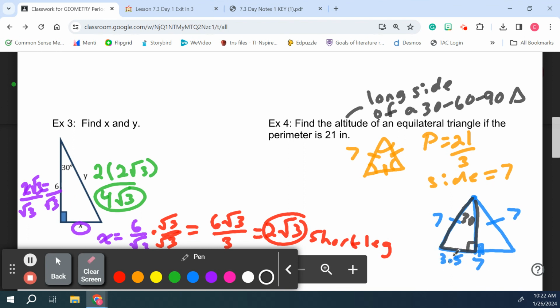Oh, also, I forgot to mention, this altitude bisects this angle. So if this was 60, it breaks into 30. Sorry about that. And this means that the altitude is equal to 3.5 square root 3.